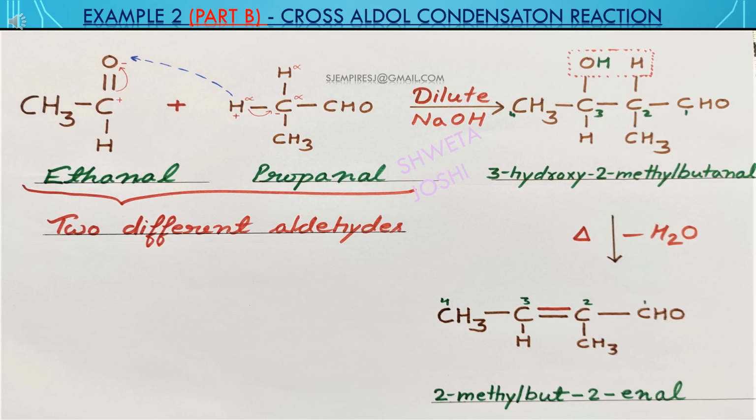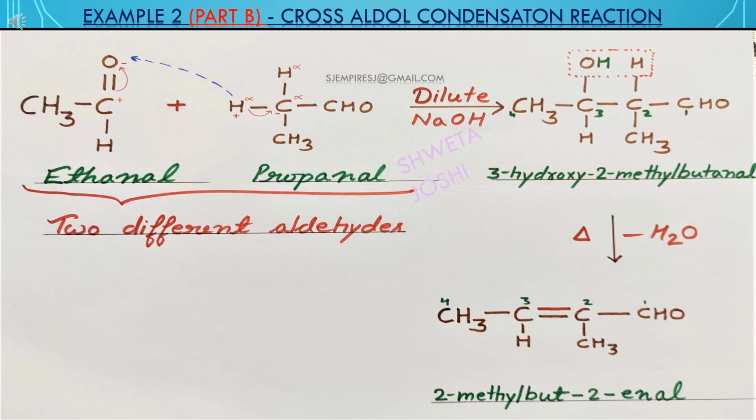As we can see in this reaction, our first reactant is ethanol and the second one is propenyl. In case of propenyl, there are total 3 carbon atoms. First carbon atom is of aldehydic functional group, that is of CHO group.